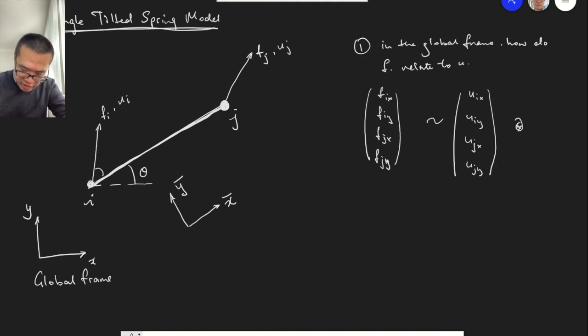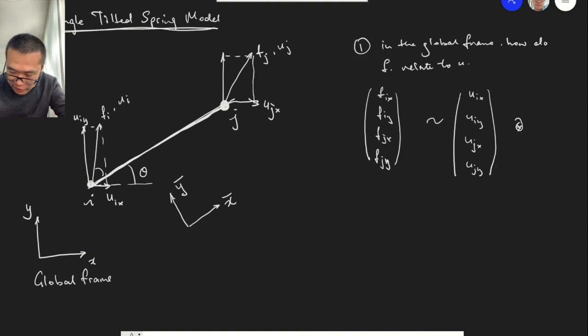So if I project this out to the XY frame, I will have something like this. Let's just do the displacement first. So this is my UI of x, this is my UI of y, and similarly I will have Uj of x, and here I have Uj of y.